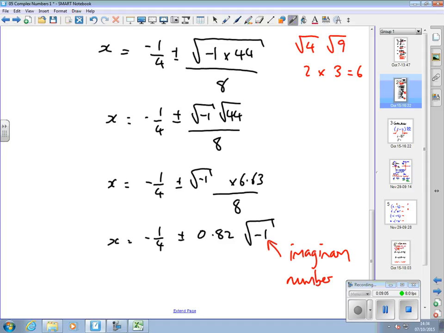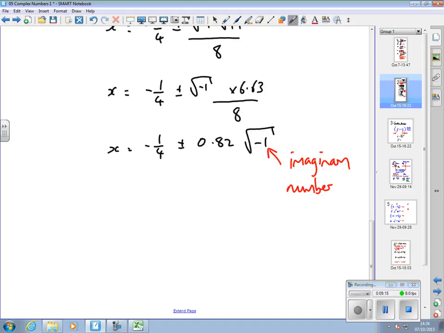Okay, so why are we doing it here? Because there's another way that we can use these things. They come in really handy in engineering. We're going to call this the imaginary number, and the mathematicians call it i for imaginary number.